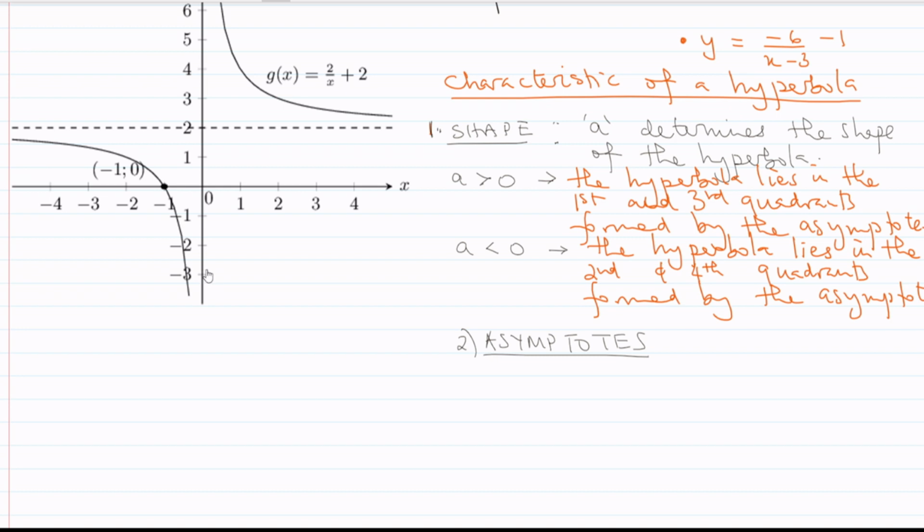So an asymptote is basically a straight line that constantly approaches this curve. The curve and the hyperbola will never touch each other. In other words, the hyperbola cannot cross that line. It will never cross either the horizontal line or the vertical line.